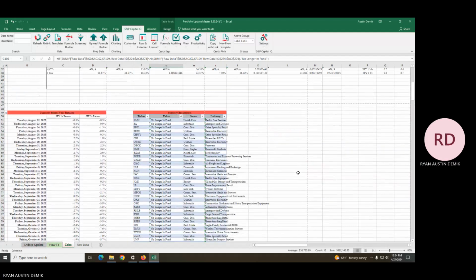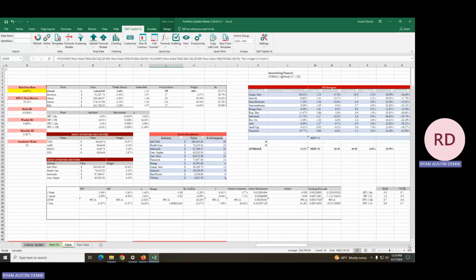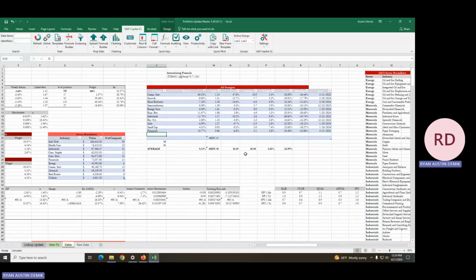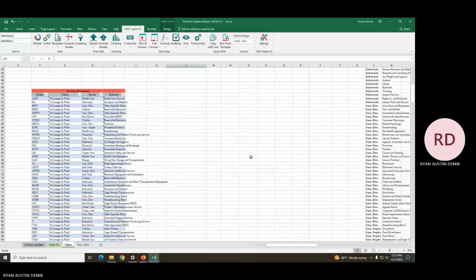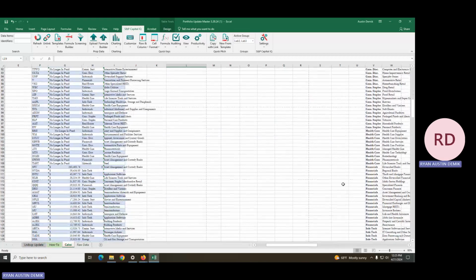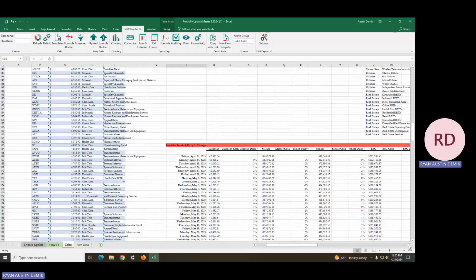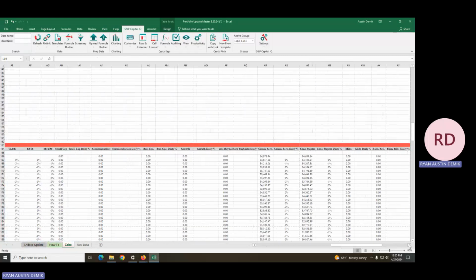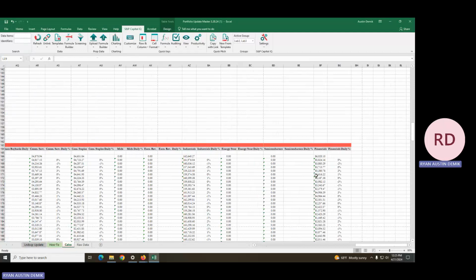So that's one thing. Then what we need to do is add our new strategy. We have our auto strategy that we're pulling in here. And one of the big things that, like I said, is going to cause a little bit of pain is that you need to add it to this large table. Every single one of these is going to have the name of a strategy that's currently in the fund.